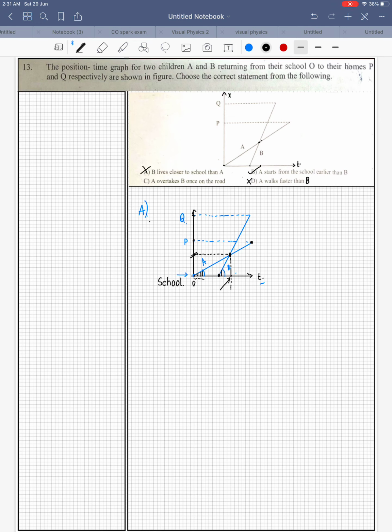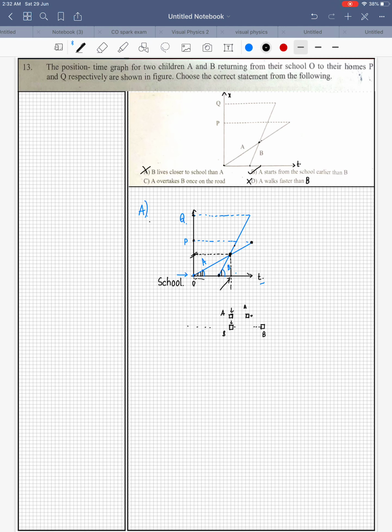But because B has more speed than A, after some time B will be ahead and A will be in the back, because A has lesser velocity and B has more velocity. So B will be overtaking A. It's not A overtaking B, it's B overtaking A.